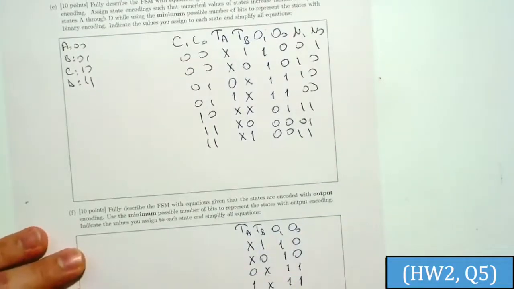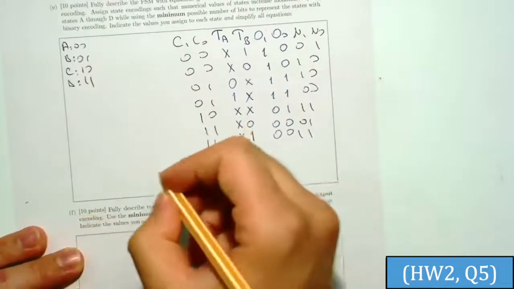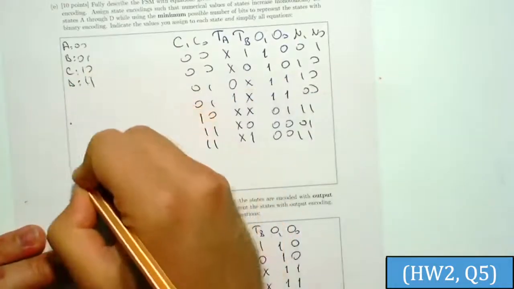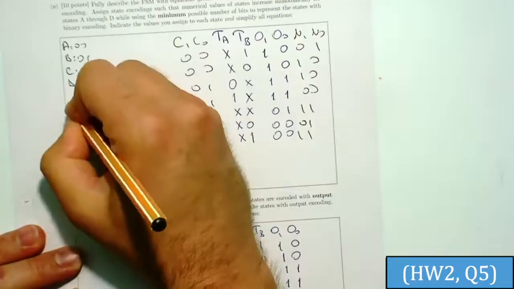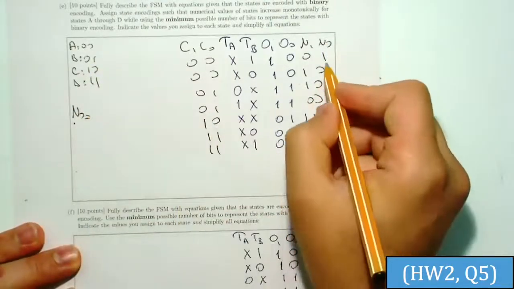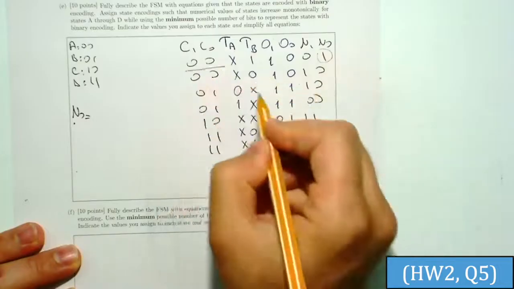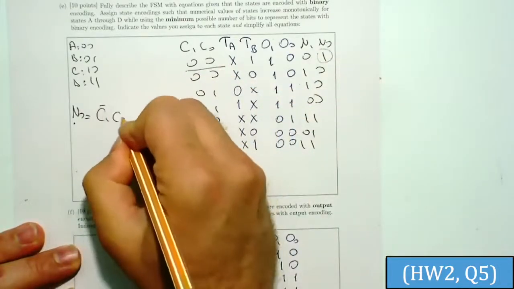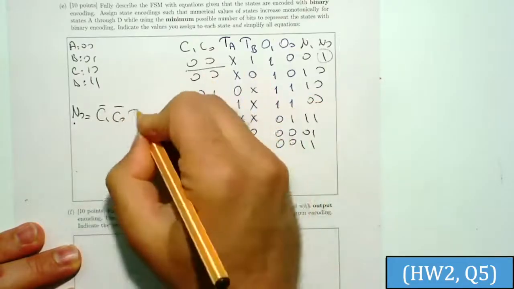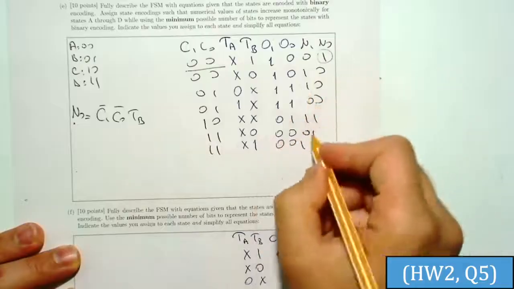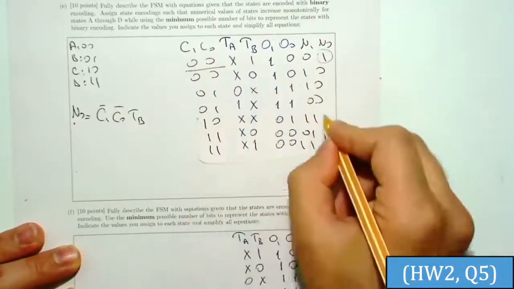So let's write the next state logic for N0. I'm going to write it here. For N0, I have 1 here, 1 here. This means C1 not, C0 not, and TB is 1. Or I have ones here.